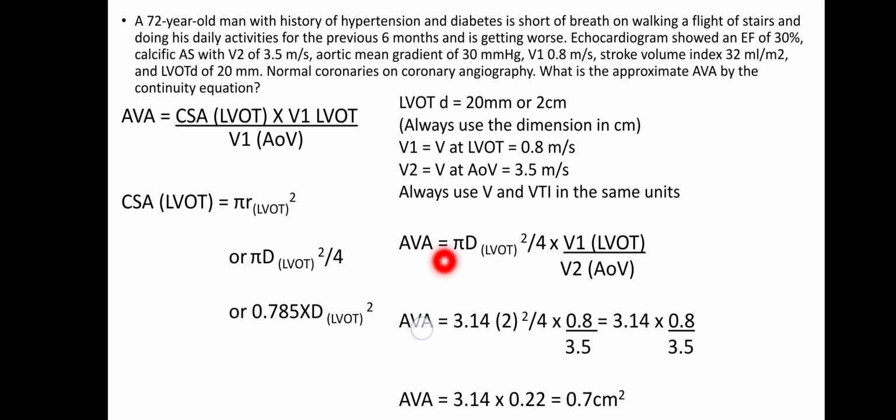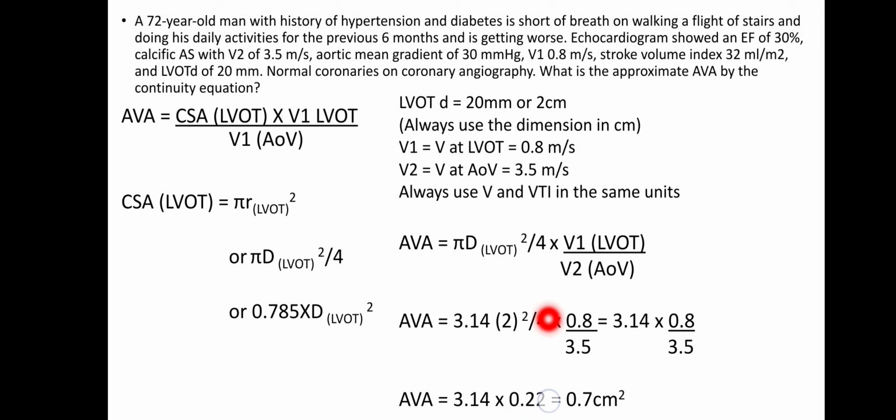Then putting the values in the formula, we will be using this formula for cross-sectional area, that is pi multiplied by the square of the diameter of the LVOT divided by 4, multiplied by V1 at the LVOT divided by V2 at the aortic valve. As we know, the diameter of the LVOT is 2, so the square of 2 equals 4, and the value of pi is 3.14, multiplied by 0.8 for V1, divided by 3.5 for V2.